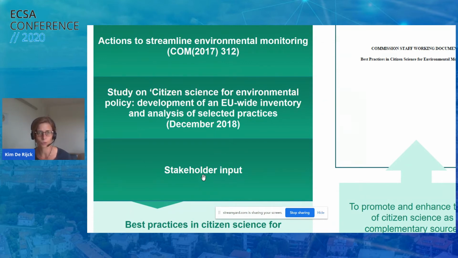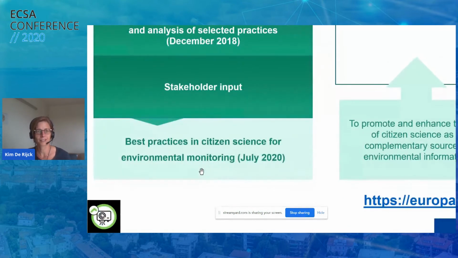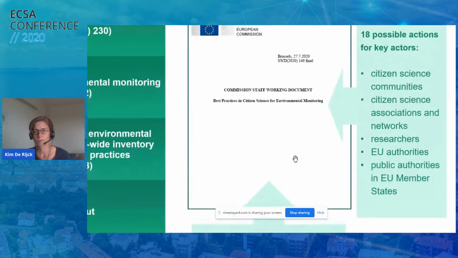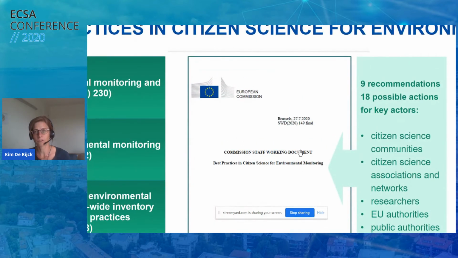We talked to a lot of players in the field of citizen science, and mostly we listened to them: what are the problems they encounter and how can they be solved? That has resulted in these best practices, and you find them here online. I show you the link, but if you Google the title, you will also find the PDF.